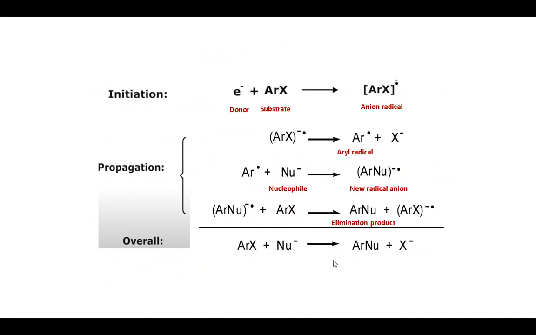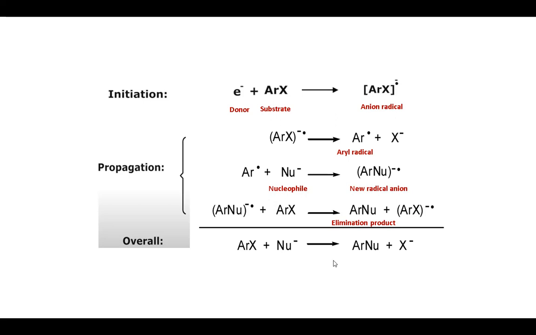Being a chain reaction, the mechanism follows initiation, propagation, and termination steps. As shown in the figure, the aryl halide, which is the substrate, first accepts an electron from a donor and becomes an anion radical, which loses the halide anion, giving rise to an aryl radical.